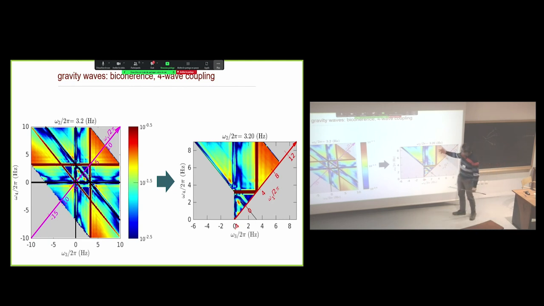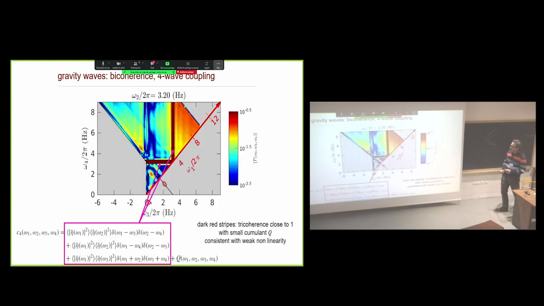So if we look at this image, there are lines that are obviously totally red here, which are cases where 2 of the frequencies are the same. The correlation on this red line is very close to 1, the B-coherence, which means perfect correlation. That's because you can write the correlation in terms of a cumulant development, where all these terms are cases where 2 frequencies are equal.